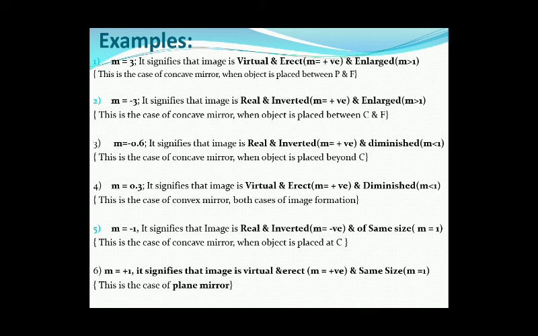So real, inverted, same size, just discussed in the previous slide, when the object is placed at C in front of concave mirror. Last point, if m equals plus 1, positive sign means virtual erect, 1 means same size. And this virtual, erect, same size is the case of plane mirror, not the case of spherical mirror.